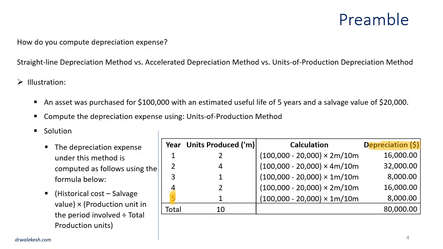Just as a quick revision, imagine we're interested in computing the depreciation expense for year 5. It will be the historical cost, which is 100,000, minus the salvage value, which is 20,000, then times the units produced in year 5, which is 1 million, divided by the total estimated units, which is 10 million.